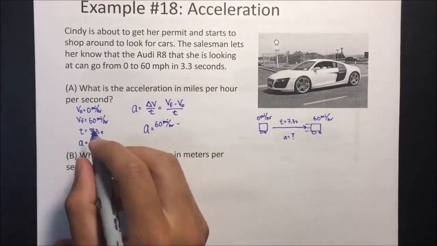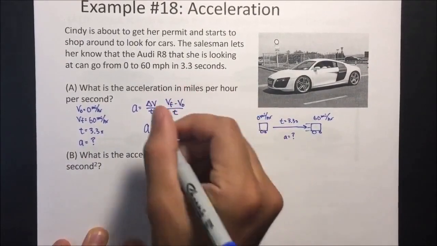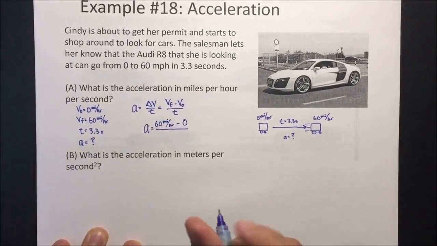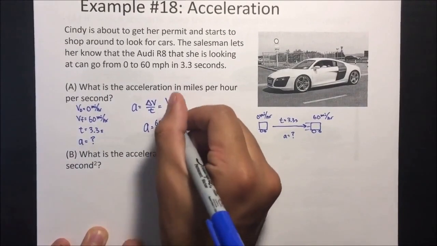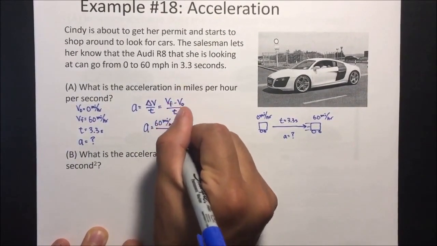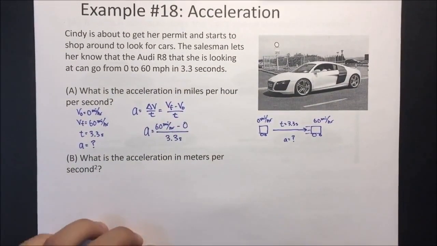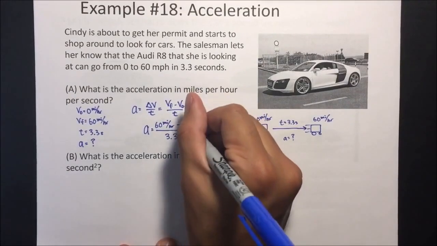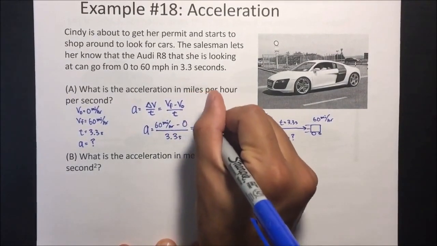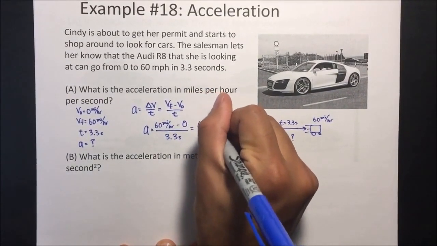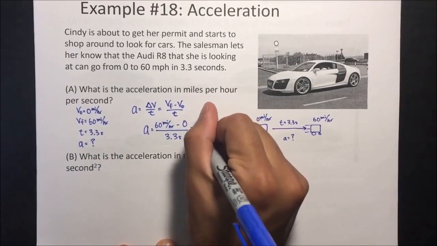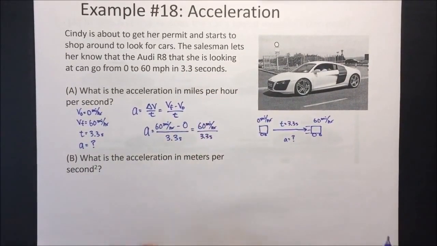We know the initial velocity, it's 0 miles an hour, or just 0. And the time is equal to 3.3 seconds. So this simplifies to 60 miles an hour every 3.3 seconds. And we can simplify this further.